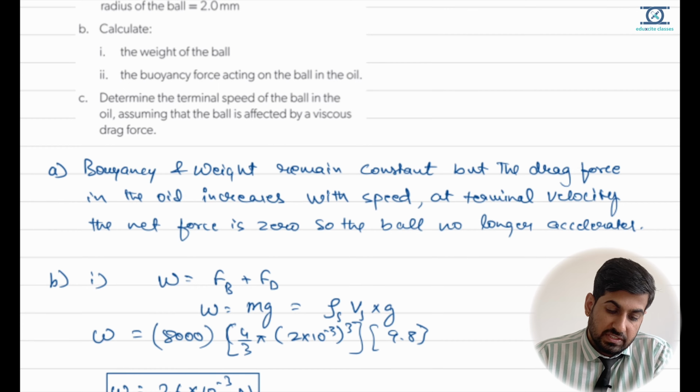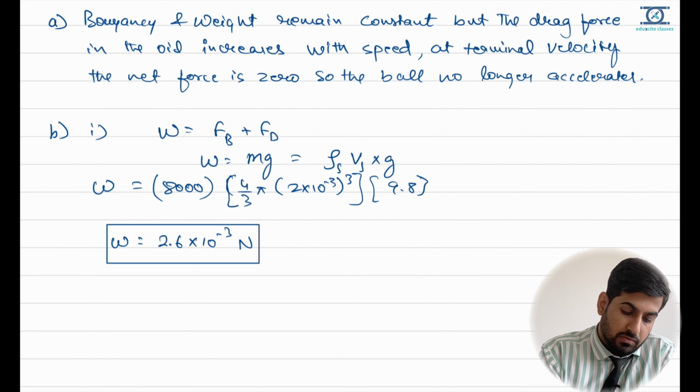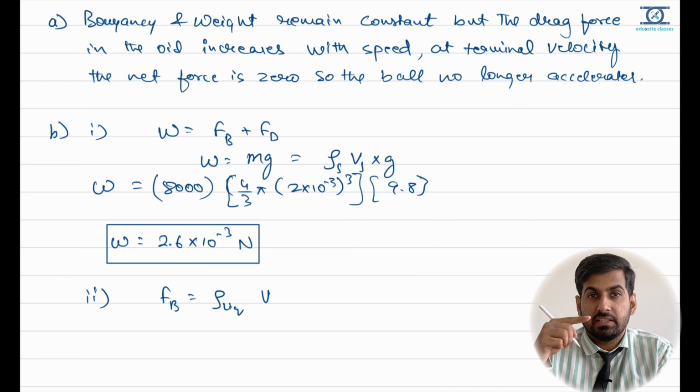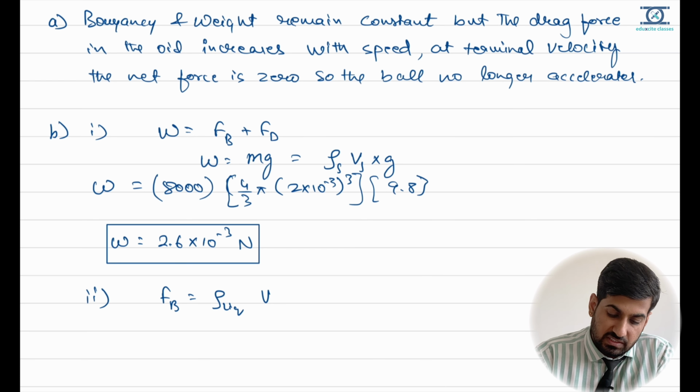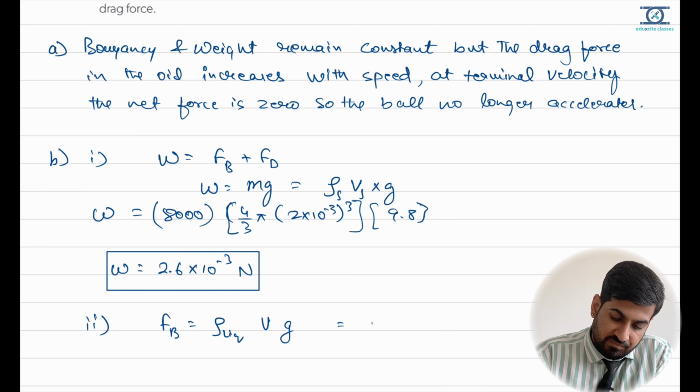Then the buoyancy force acting on the ball in the oil. Now the buoyant force is rho of the liquid times the volume displaced, and since it is submerged, that is the volume of the ball, times g. So the density of the liquid is 920 times the volume times g.